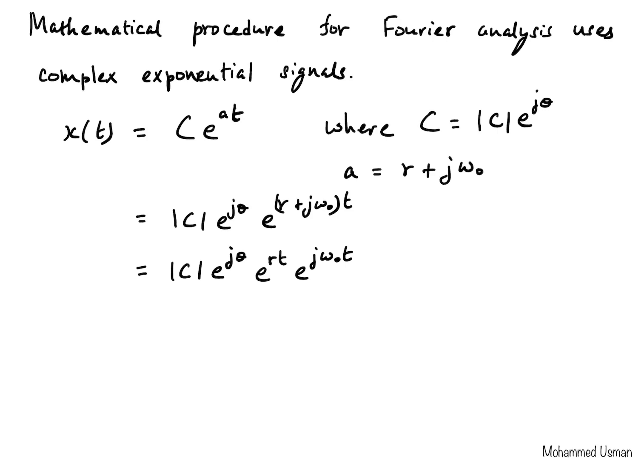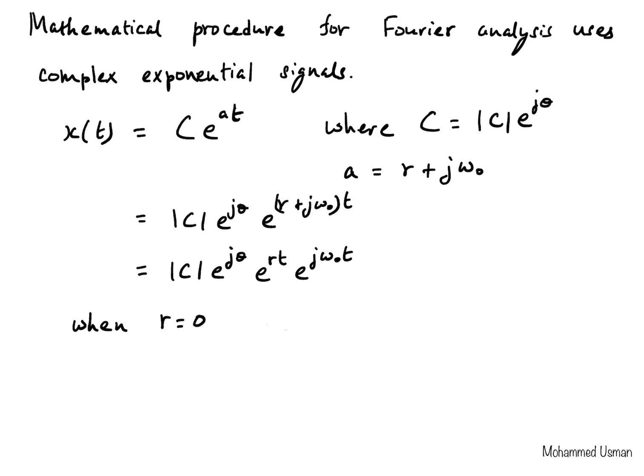We have seen this in the past in lecture 3, and we did a specific case of this where we set r equal to 0. That gives us a special complex exponential.